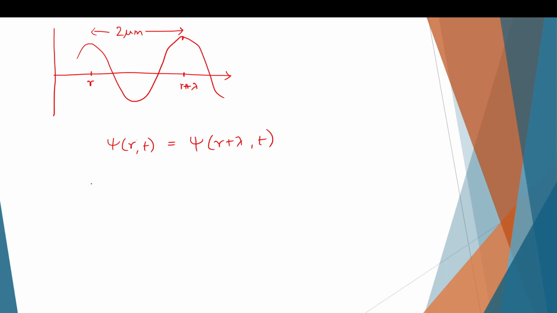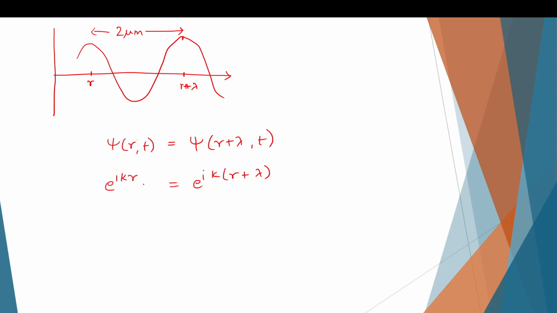From this simple relation we can see that e power i k r will be equal to, because the other things are same, psi naught and e power i omega t remain the same, so we can cancel. So we'll get e power i k r equal to e power i k times r plus lambda, right?